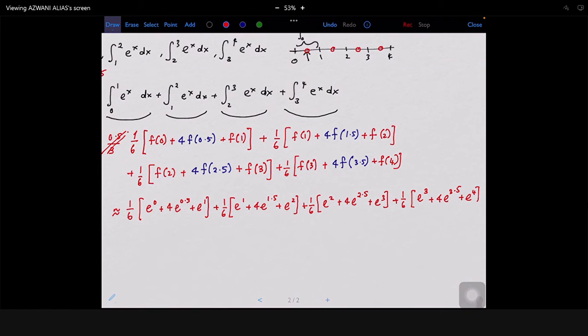Okay, simplify this. Okay, kalau kita nak tengok balik, E0 is the initial, so dekat lain tak ada E0, plus 4, okay, kumpulkan semua yang ada constant 4: 0.5, 1.5, 2.5, 3.5. Okay, plus 2 ni hasil tambah this one and this.